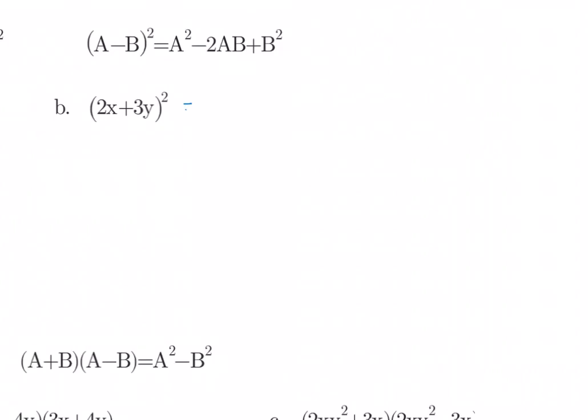First thing I'm going to do is write it in expanded form. This is 2x plus 3y times 2x plus 3y.